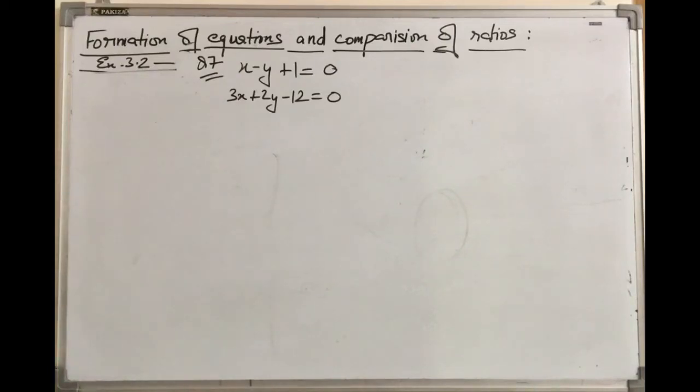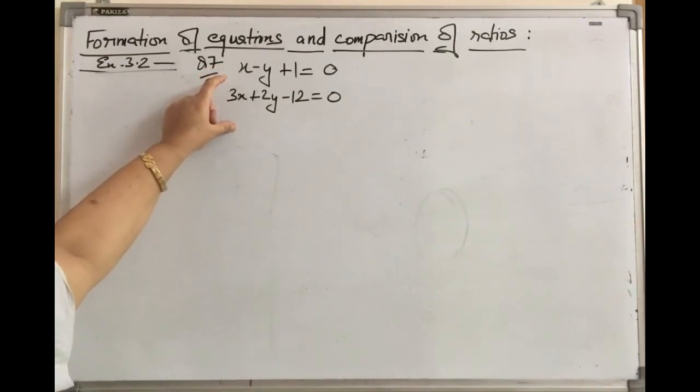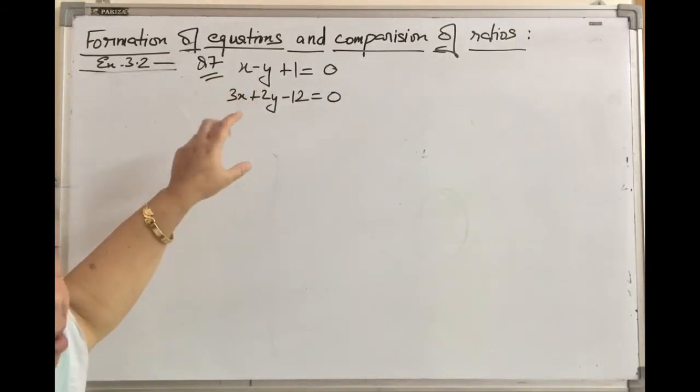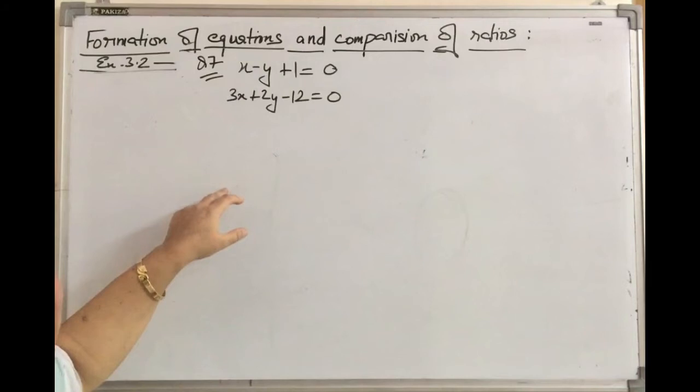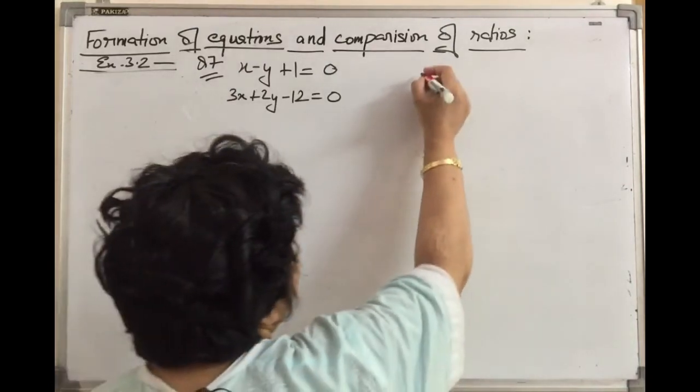Now we have to represent these two equations graphically. After we represent them graphically, we have to find the coordinates of the triangle which will be formed with these equations and the x-axis, and also find the area of the triangle. So the very first thing to represent the equations graphically is that we need to draw the Cartesian plane.